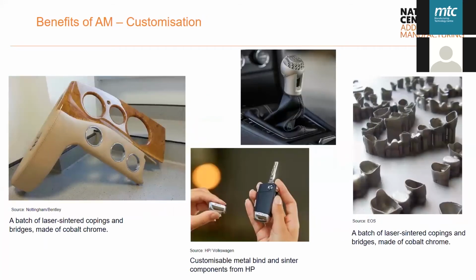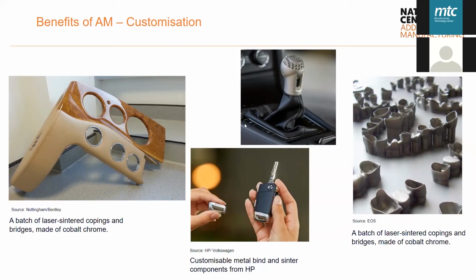So customization is another key benefit of additive manufacturing. You can see on the left here, aesthetically pleasing interior components for automotive. These components have been manufactured using additive manufacturing methods, giving a bespoke design to potential users of the technology.